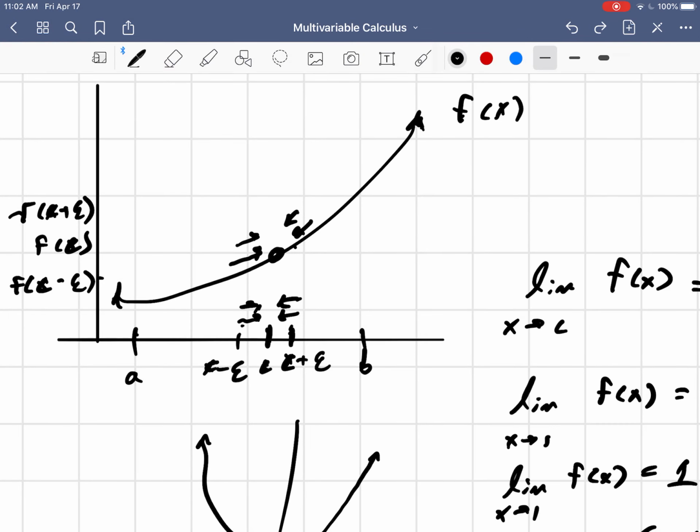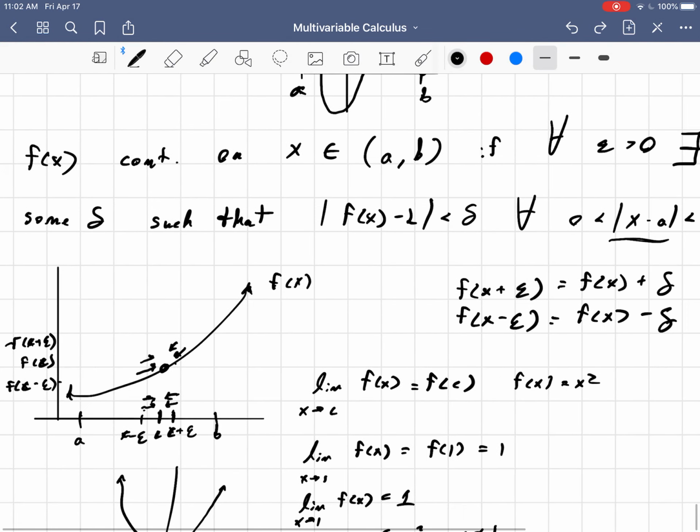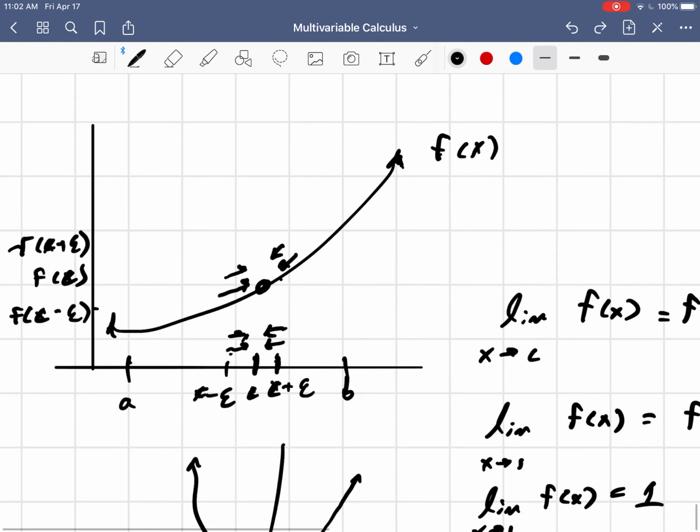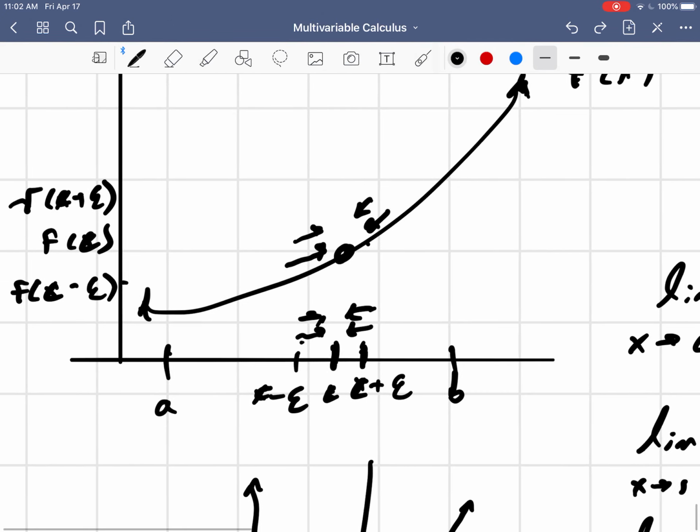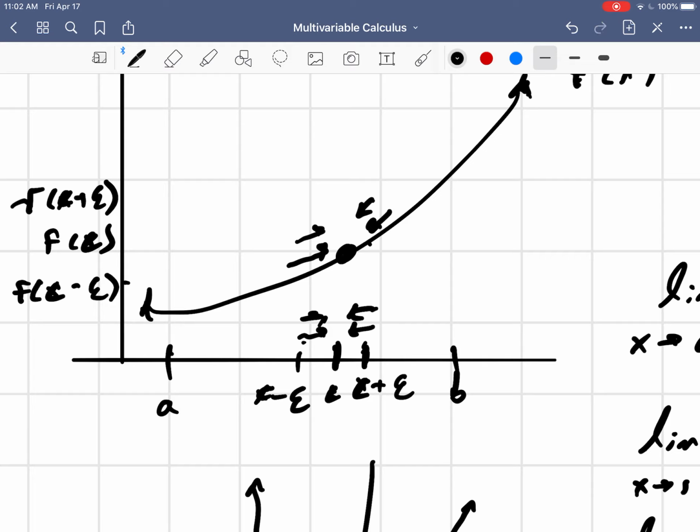See, we can let epsilon get as small as we want, with the condition that it's greater than 0. And we therefore would have delta be getting as small as it can be, with the condition that delta is greater than 0. So in other words, delta can't be equal to 0.